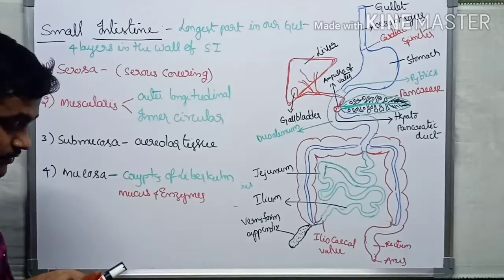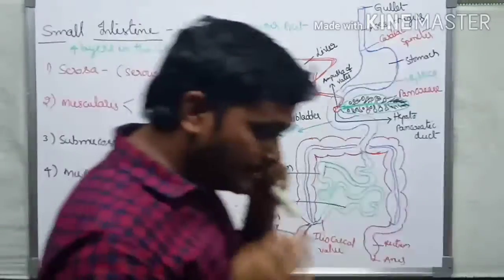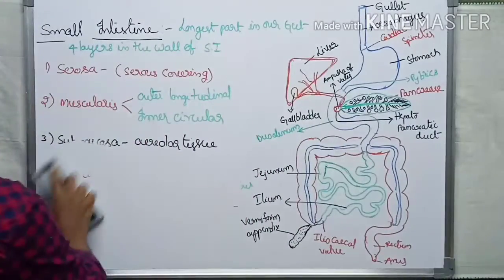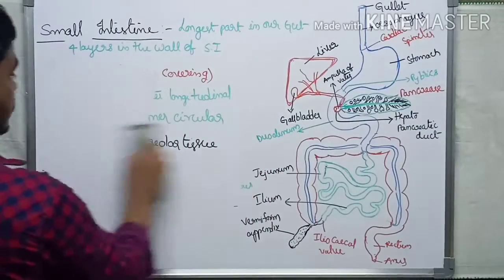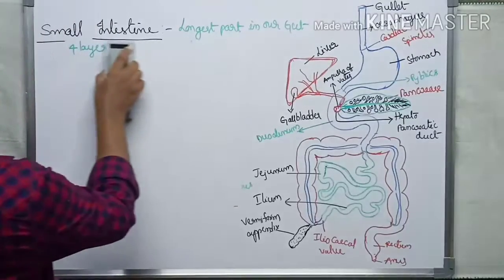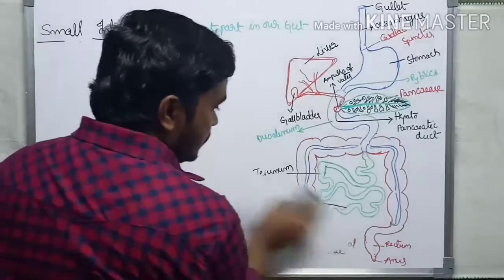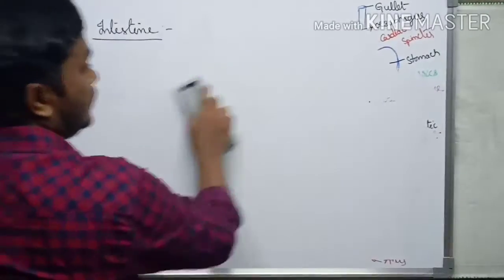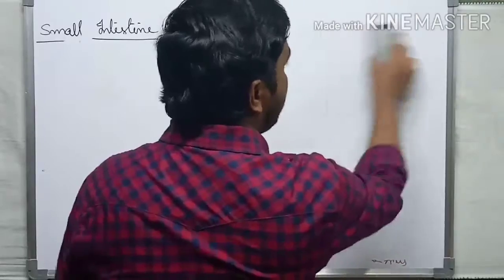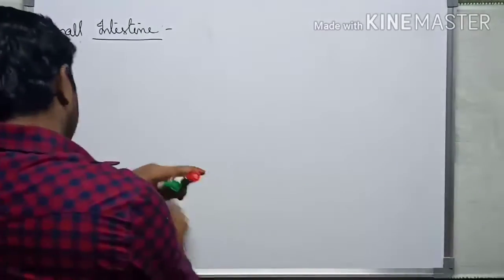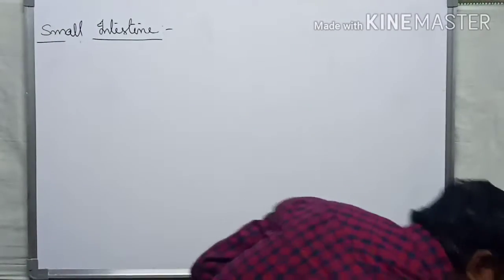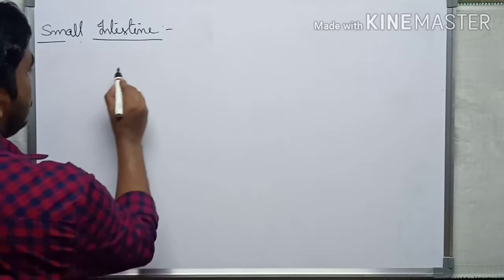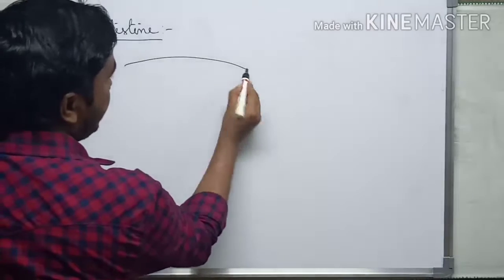If you want to see it in a diagrammatic way, the 4 layers of the small intestine consist of a number of villi and also some glands. Suppose this is our outermost layer.